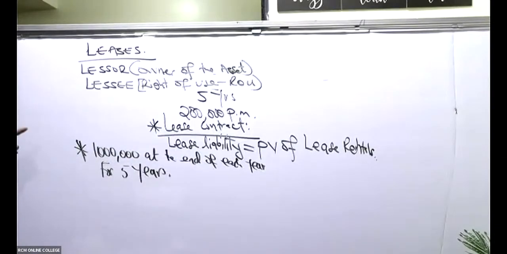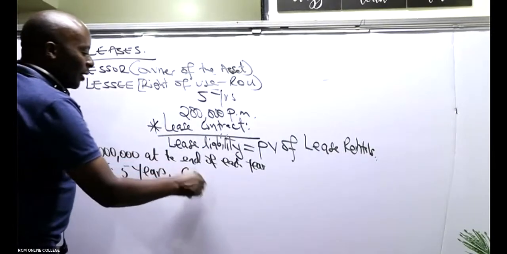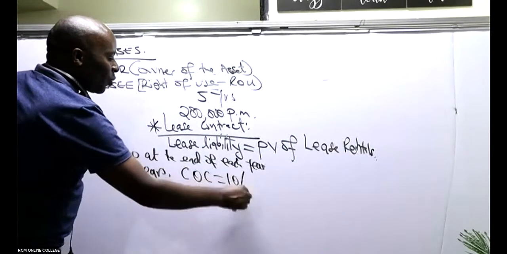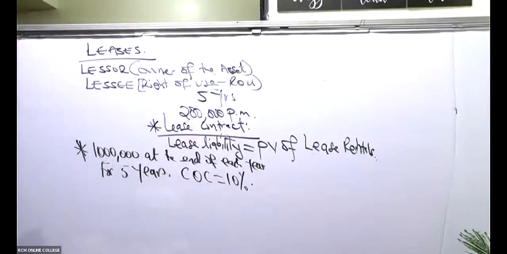So in this case, the lease rental is 1 million shillings every year, at the end of each year, for 5 years. And then they have given us the cost of capital as what percentage there? Ten percent.